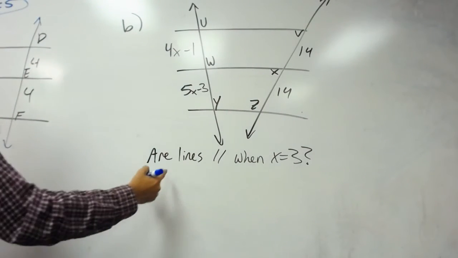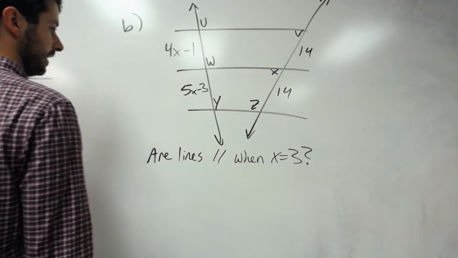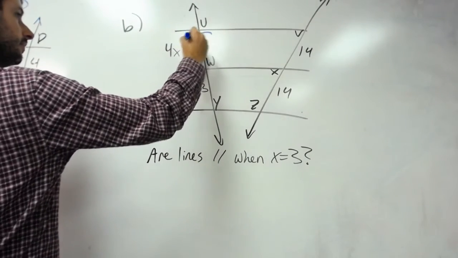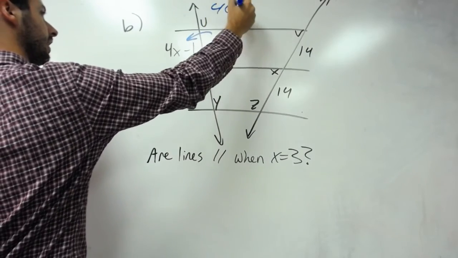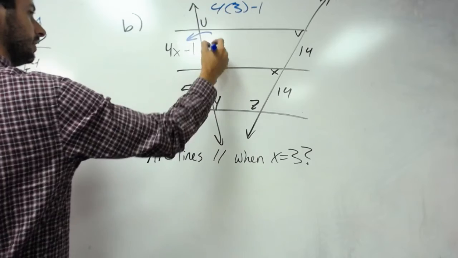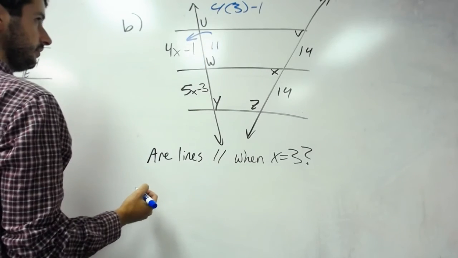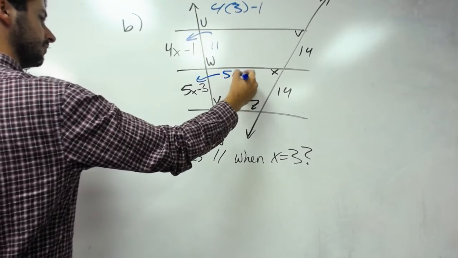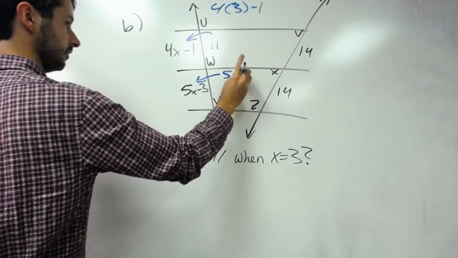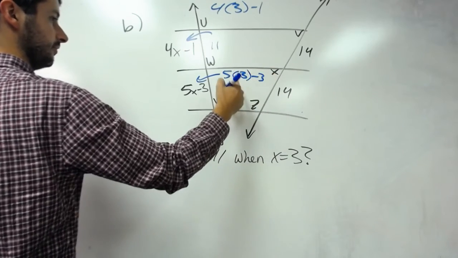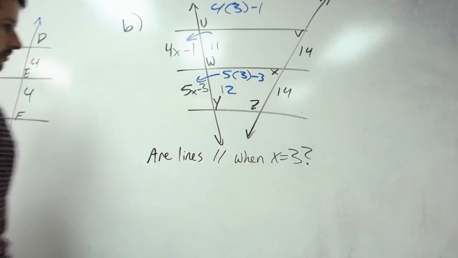This one's asking, are the lines parallel when x equals 3? So we're plugging in 3 here, and we get 4 times 3 minus 1. 12 minus 1 is 11. Plug in 3 here, and get 5 times 3 minus 3. 15 minus 3 is 12.